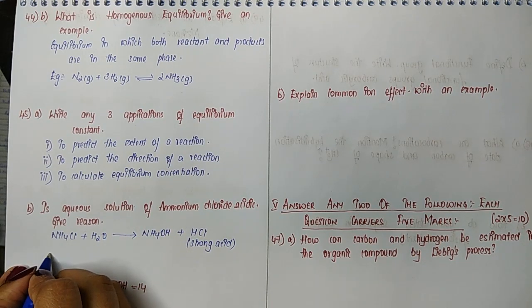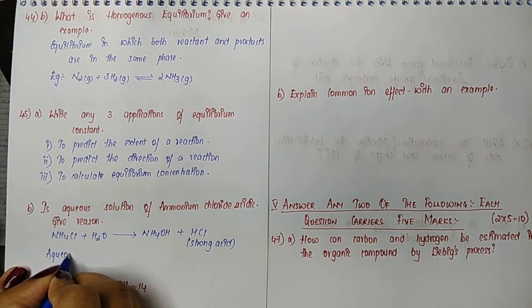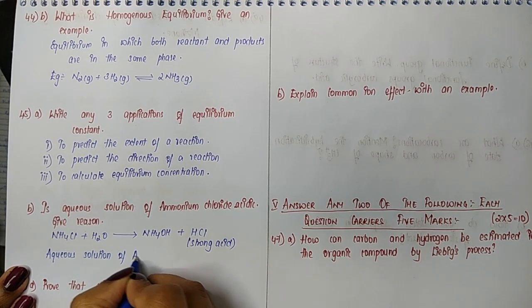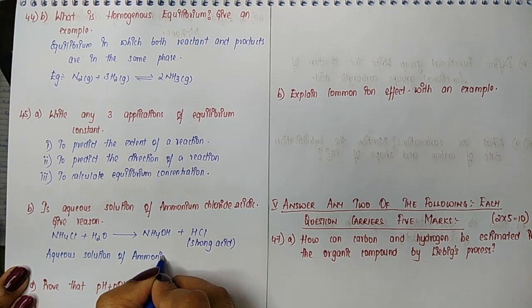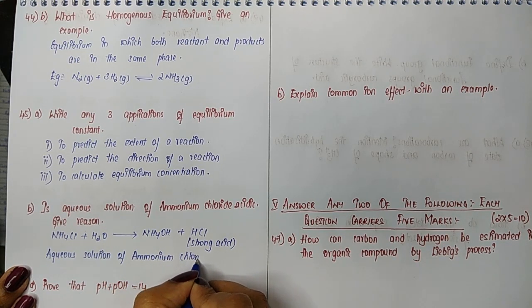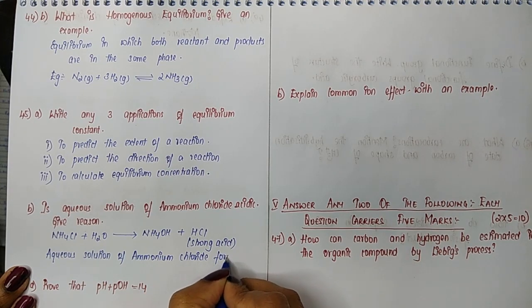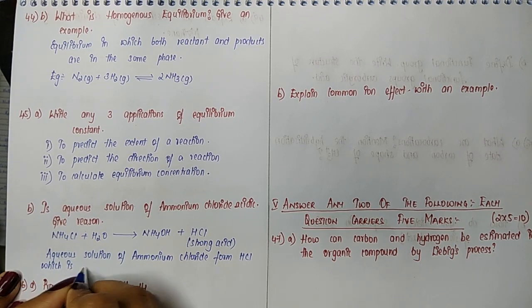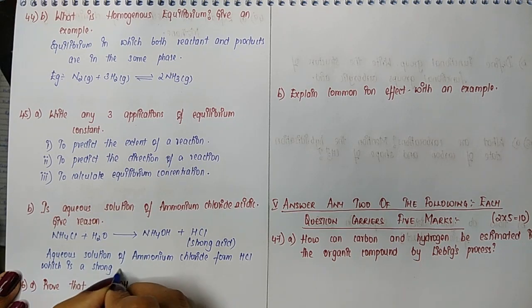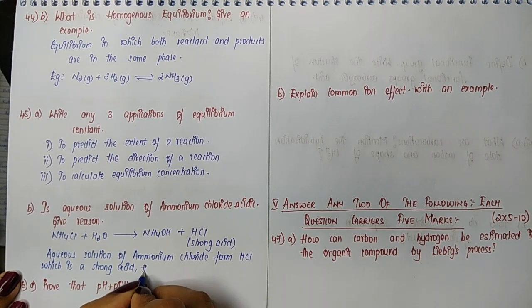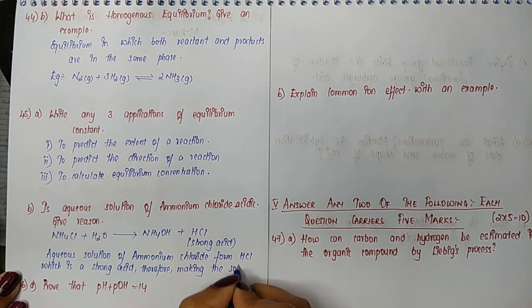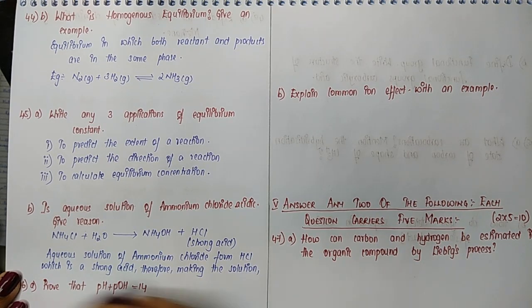So we can write that aqueous solution of ammonium chloride forms HCl, which is a strong acid, therefore making the solution acidic.